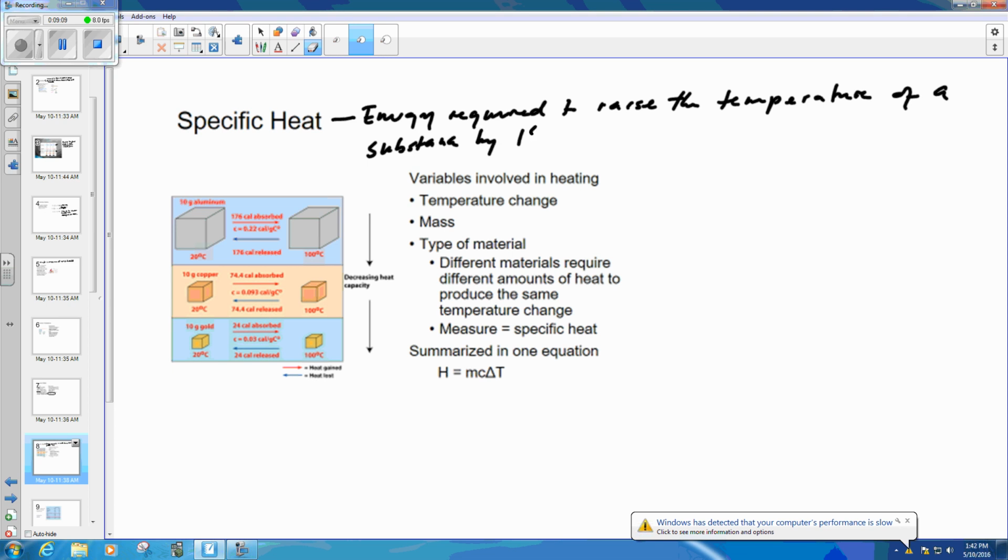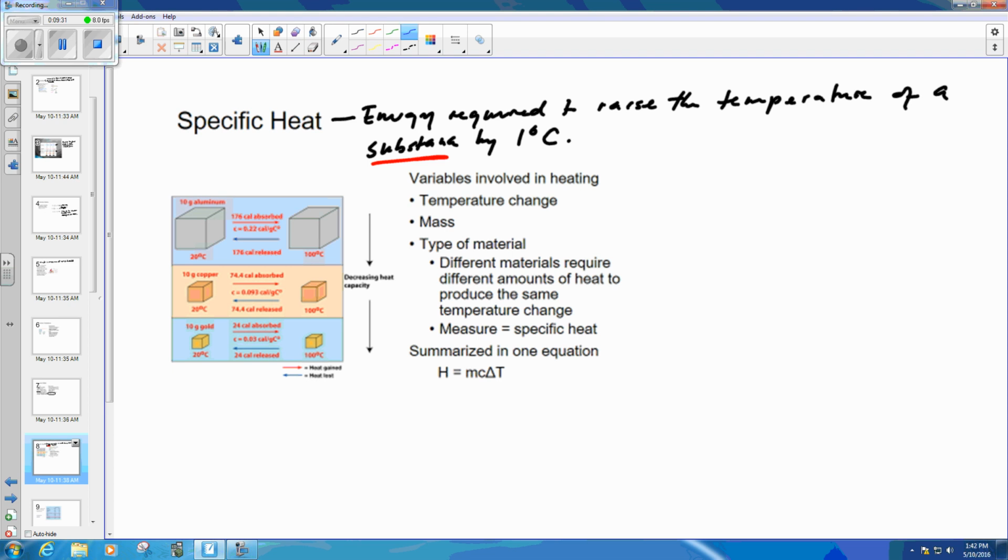Note the difference between this and the calorie. Here is the temperature of a substance, and it could be any substance, and different materials respond differently when they are subjected to heat. The symbol that is used to represent this is C.